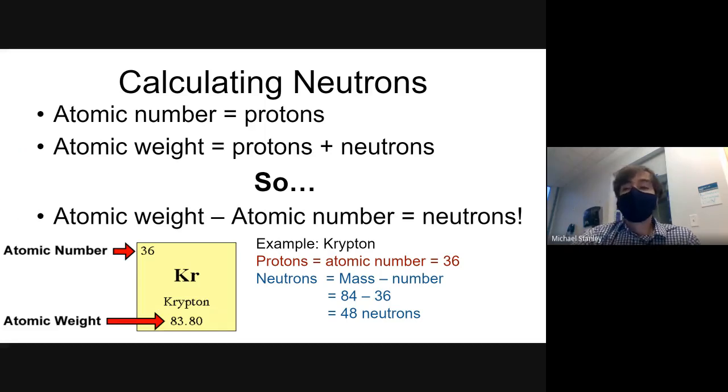So we've talked about our protons and we've talked about our neutrons. So the last thing that we have to figure out is electrons. How many electrons do we have in our different atoms? Luckily, this one is pretty simple once again.